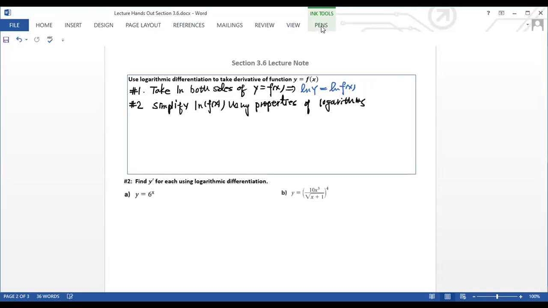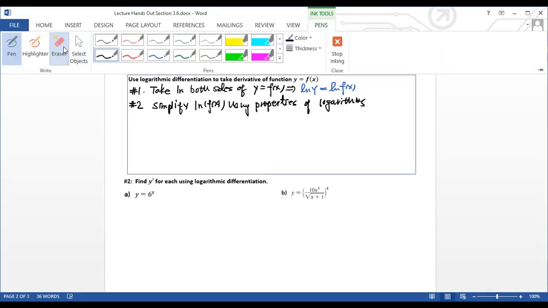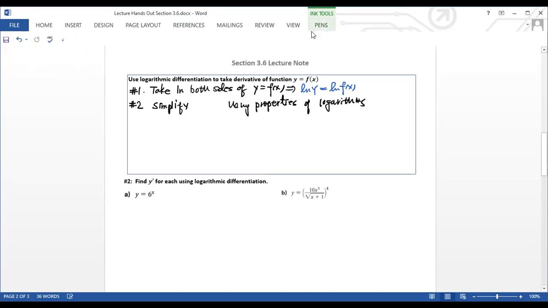Okay, so maybe let me color code that. So I want to simplify the natural log f of x here. We just did that from the first step here.